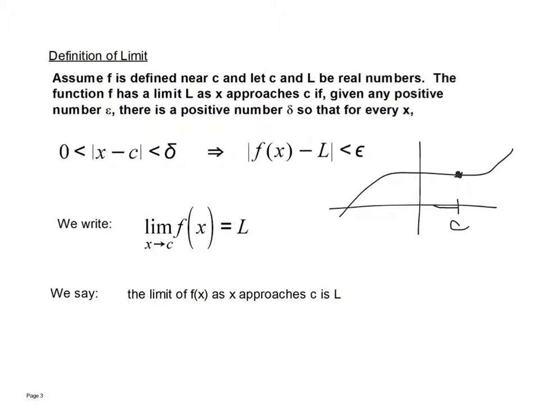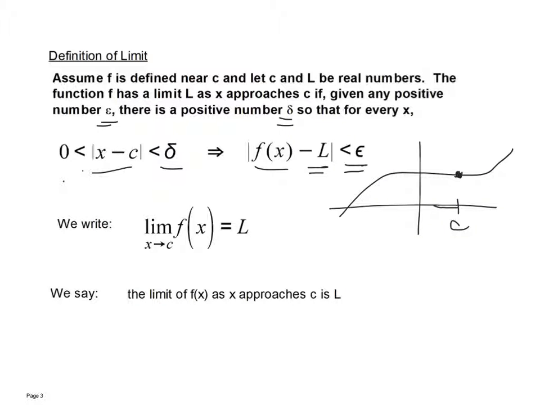If for any positive number epsilon, it's like a lowercase e in Greek, there's a positive number delta, like a lowercase delta in Greek, so that for every x, 0 is less than the absolute value of x minus c, which is less than delta, this implies that the absolute value of f of x minus L is less than epsilon.